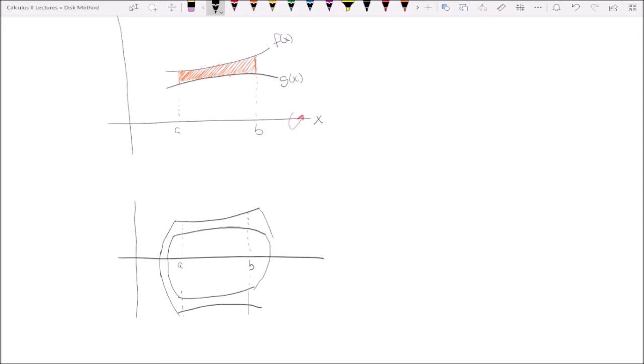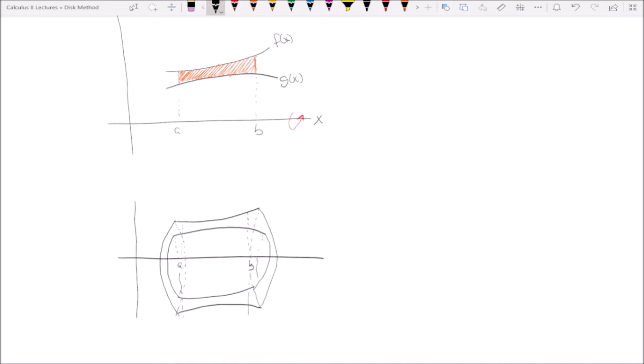Notice what we have. It looks something like this. It's like a region within a region, a solid within a solid.